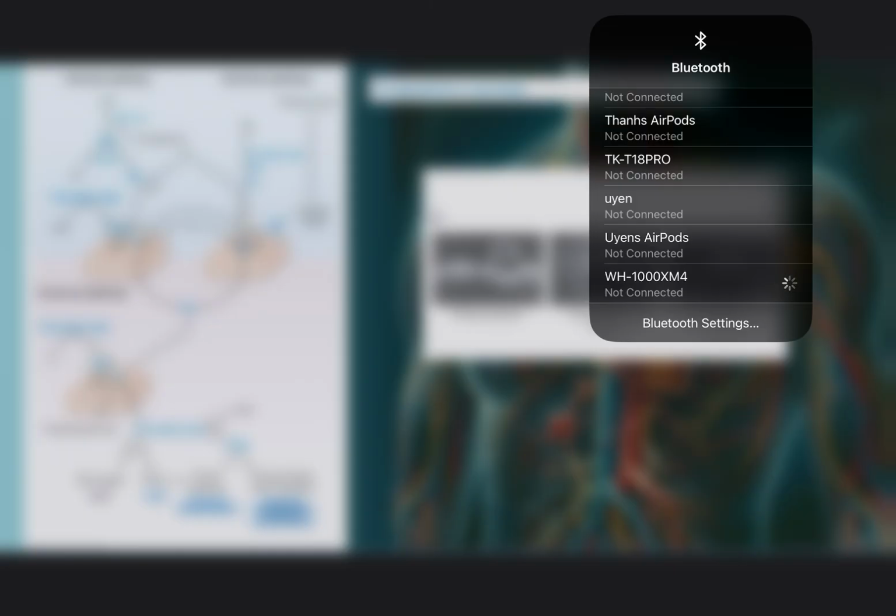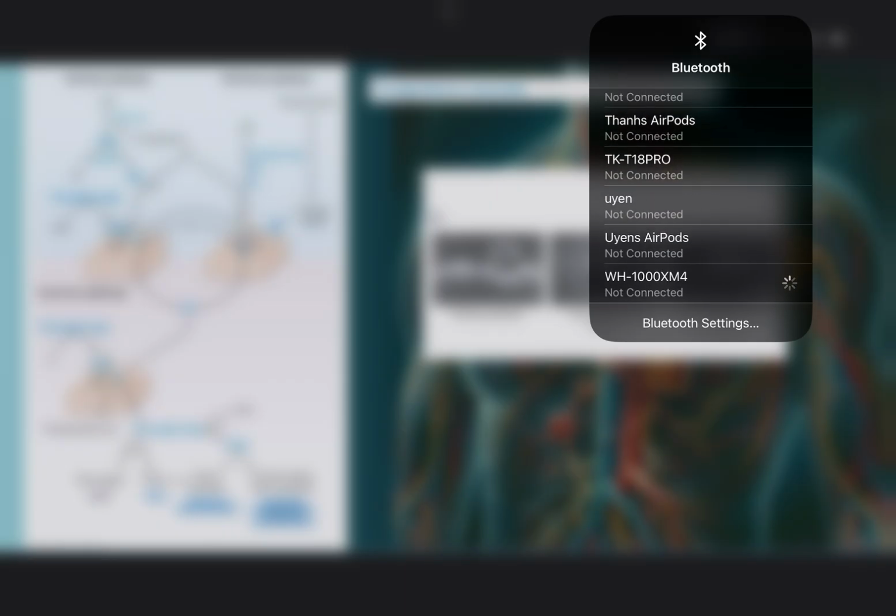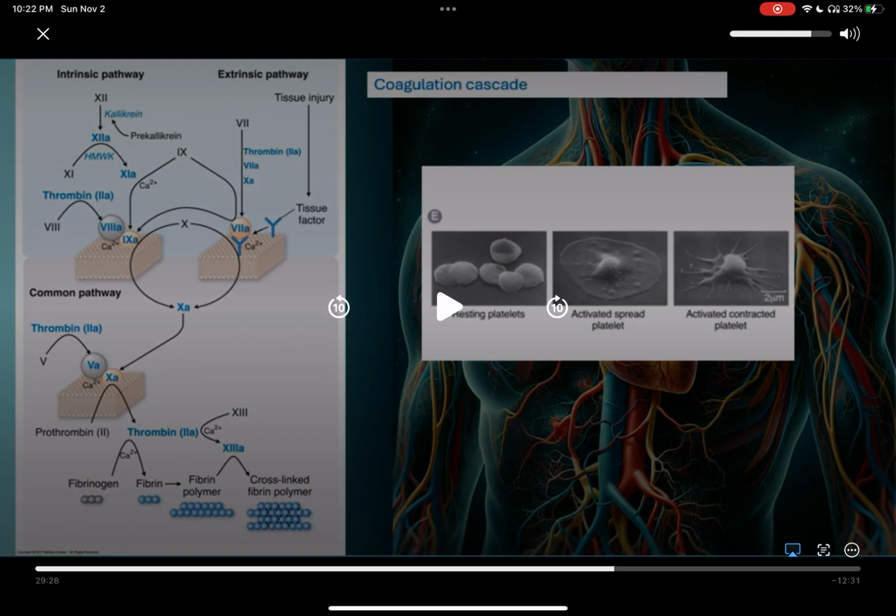For the third part, the coagulation cascade has been divided traditionally into the intrinsic and extrinsic pathway.